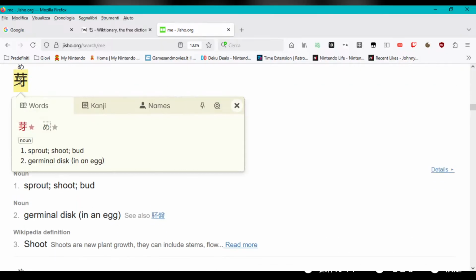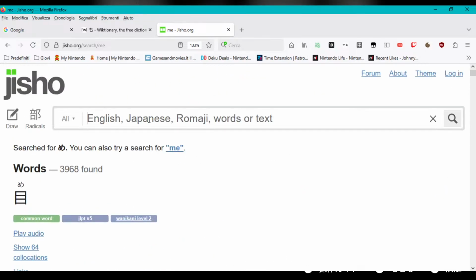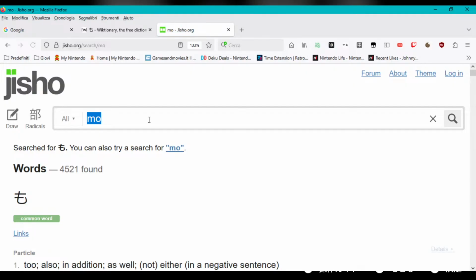But also we have, for example, me, also accented, which means sprout, shoot, bud. Then other words, but we won't see those for now. Then we have mo.